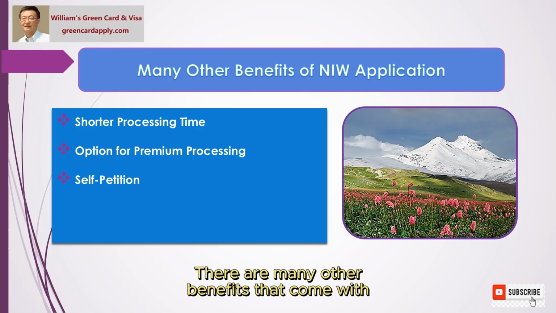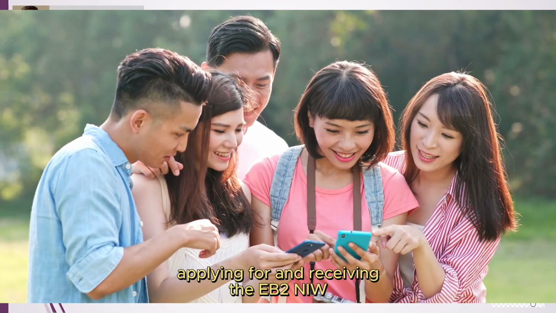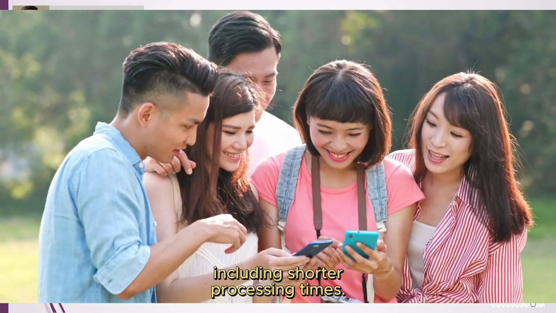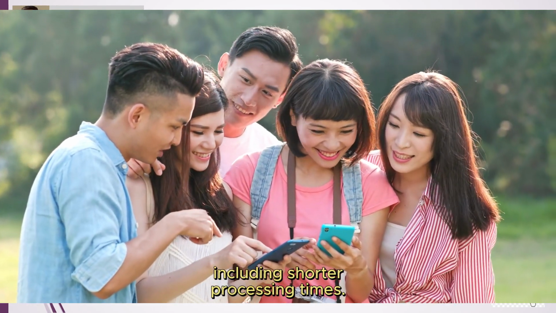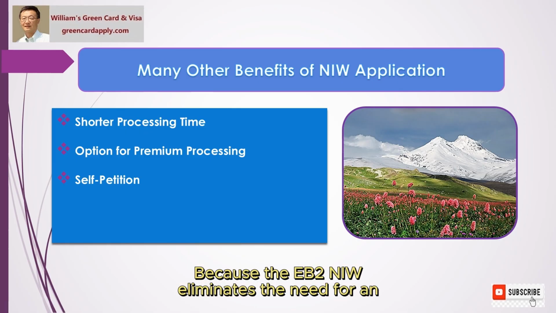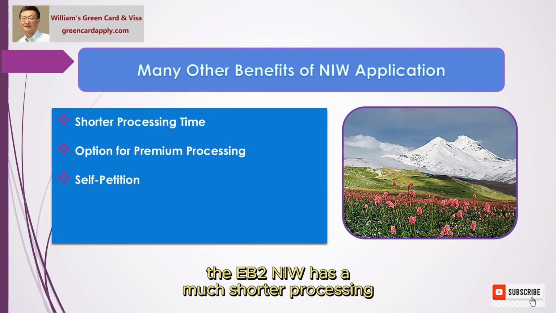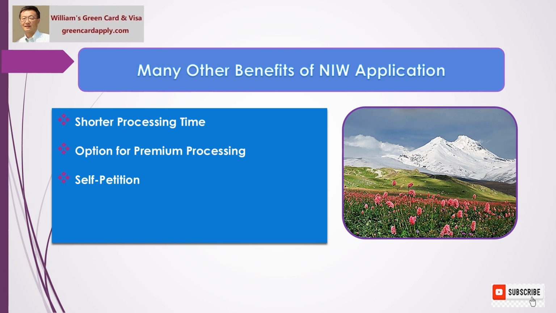There are many other benefits that come with applying for and receiving the EB2 NIW, including shorter processing times. Because the EB2 NIW eliminates the need for an employer to file a PERM labor certification on your behalf, the EB2 NIW has a much shorter processing time than the other EB2 categories.